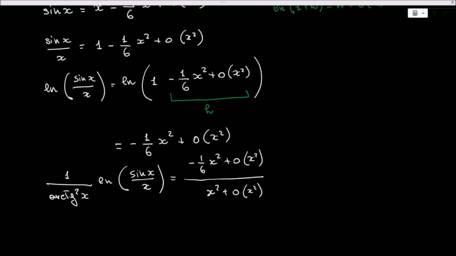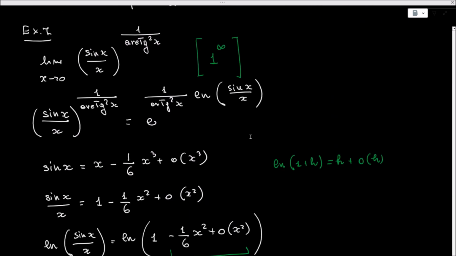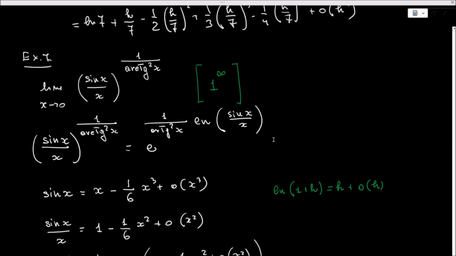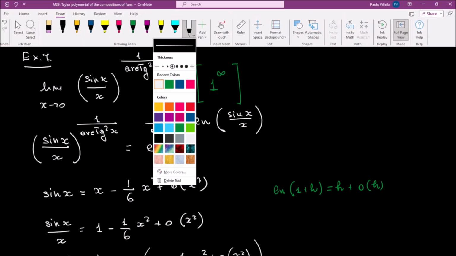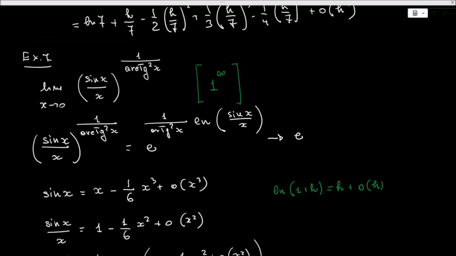And of course this tends to minus 1 over 6. So we can conclude that this limit is e raised to the minus 1 over 6.